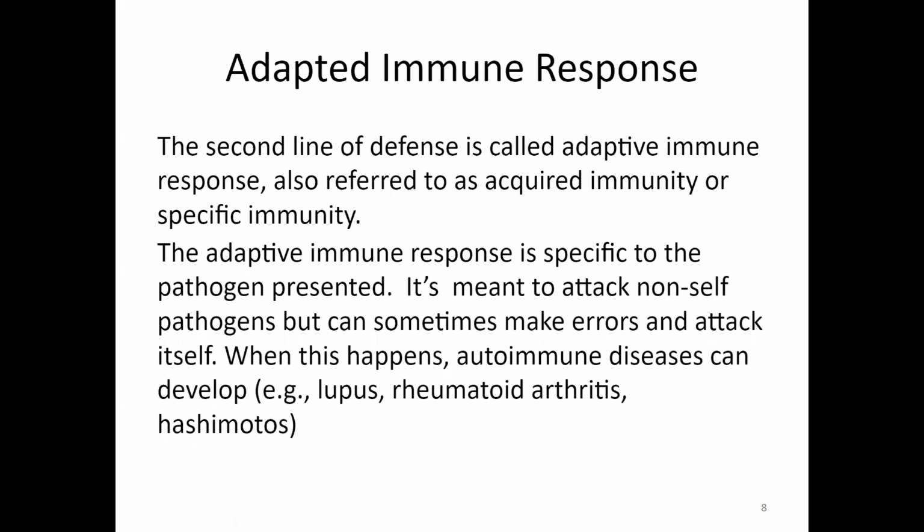It's the second line of defense if your immune system fails from the innate perspective. But with the adaptive immune response, this is where there could be errors in identifying what is actually foreign and what is not.